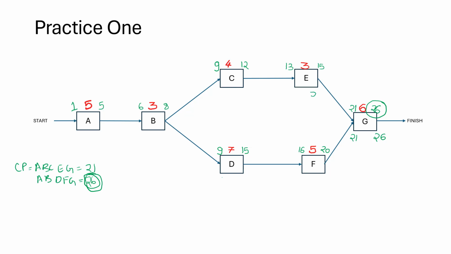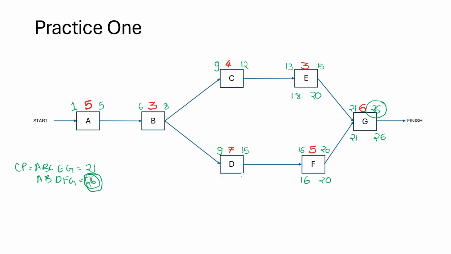This is going to be the late finish of E is going to be the 20th day. Exactly the same for F also. So now what is the late start? So that is going to be 20 minus 3 is 17 plus 1 is 18. For activity F, 20 minus 5 is 15 plus 1 is 16.